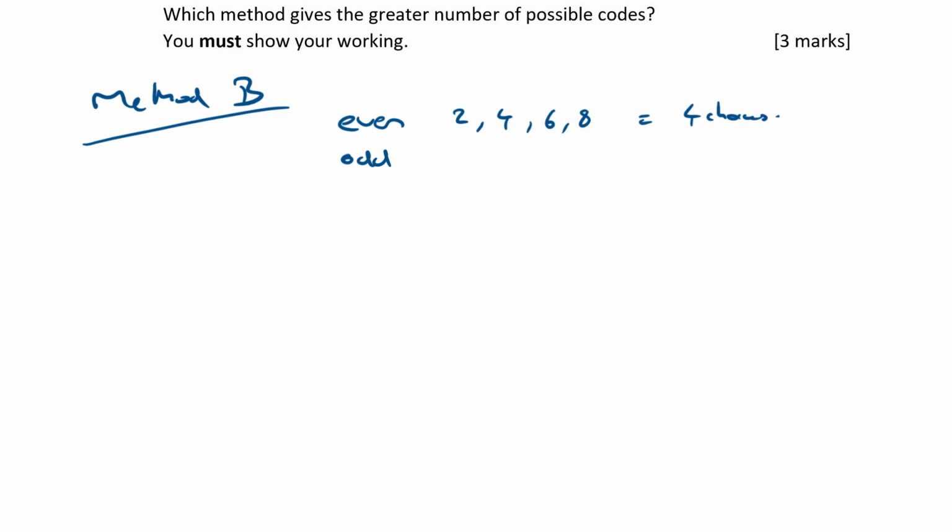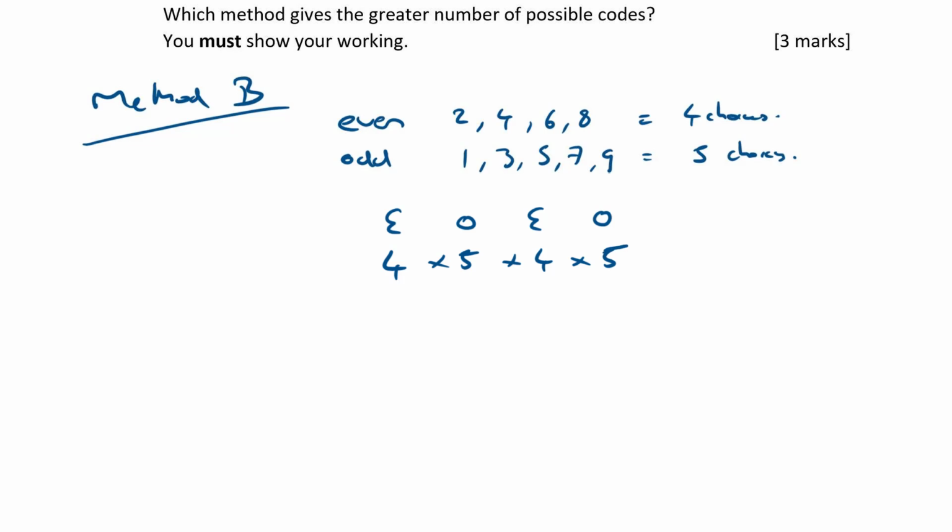And for my odd number, I can have 1, 3, 5, 7, or 9. So that's 5 choices.